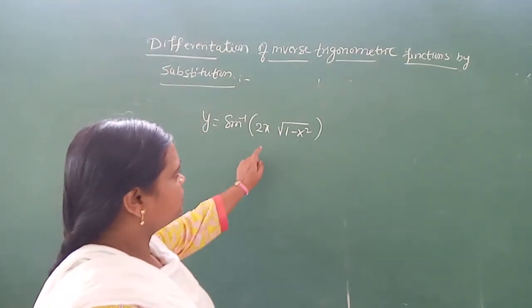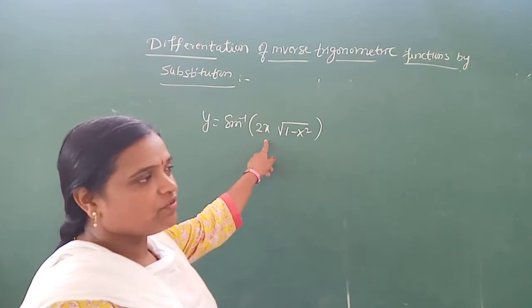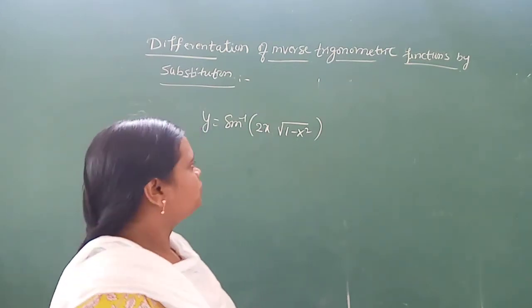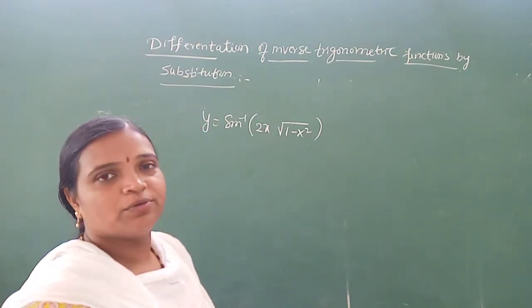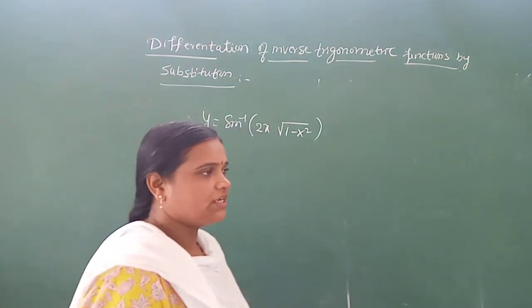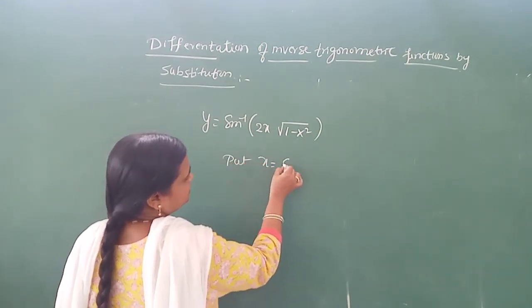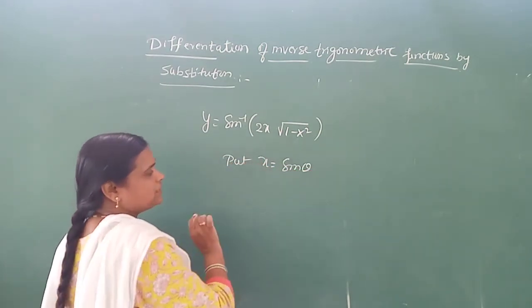Next, see, put x equal to tan theta. If you substitute x is tan theta, we don't have the formula. Therefore, better we put x is either sin theta or cos theta, correct? We will take x is sin theta. Anyone you can take, either sin theta or cos theta.